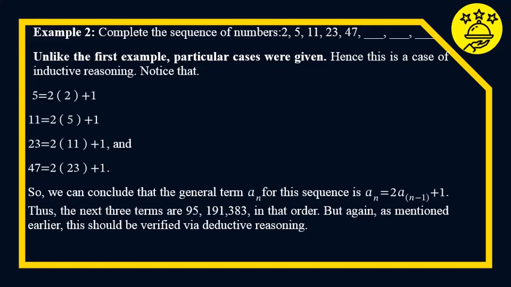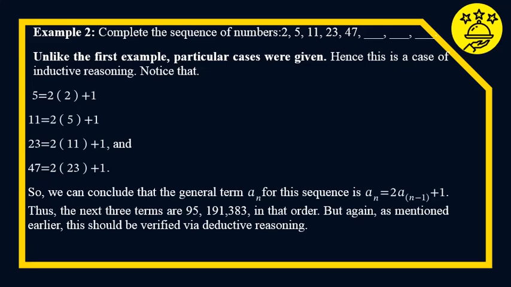Notice that 5 is equal to 2 times 2 plus 1. Then 11 is equal to 2 times 5 plus 1. Then 23 is equal to 2 times 11 plus 1. And 47 is equal to 2 times 23 plus 1.